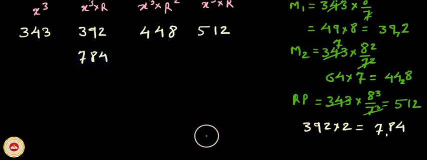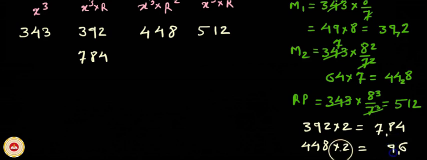Correct. Now 2 multiplied by 448. 448 multiplied by 2: 2 8s are 16, 2 4s are 8 plus 1, 9, 2 4s are 8. 896. Write 896 here. See friends, after calculations of the 4 parts, we are going to double the values of middle part 1 and middle part 2 and write those values in middle part 1 and middle part 2 respectively.